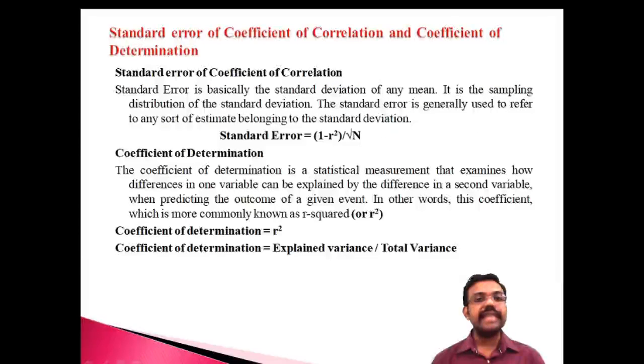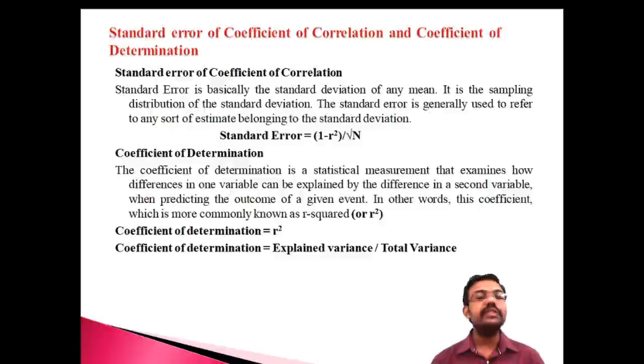Another one is the standard error of the coefficient of correlation. Standard error relates to the standard deviation, basically the standard deviation of any mean. It is the sampling distribution of standard deviation.